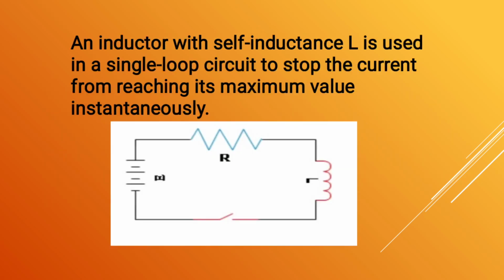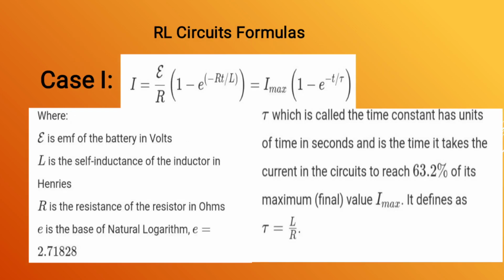An inductor with self-inductance L is used in a single loop circuit to stop the current from reaching its maximum value instantaneously. In RL circuit formulas, there are two cases.